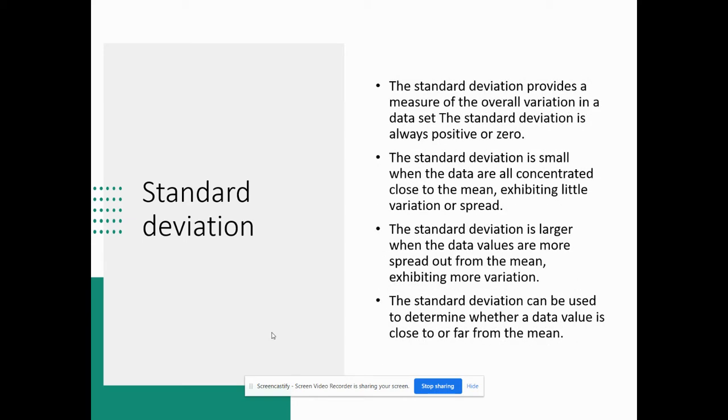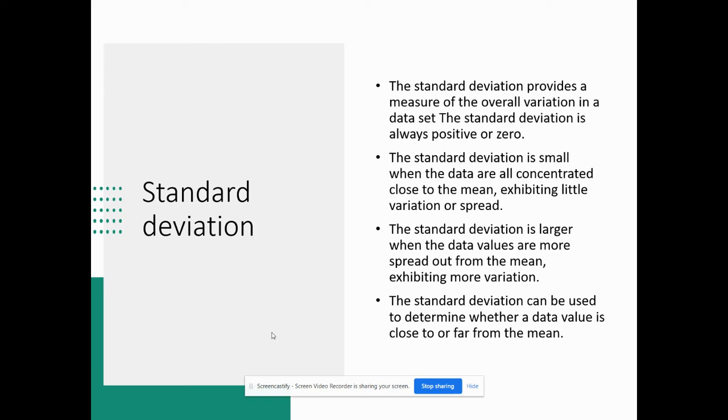So what we do for our standard deviation is I look at the mean and then I look at my standard deviation. Say my mean is 10 and my standard deviation is 2. Whatever I do on one side of the mean, I have to do on the other.